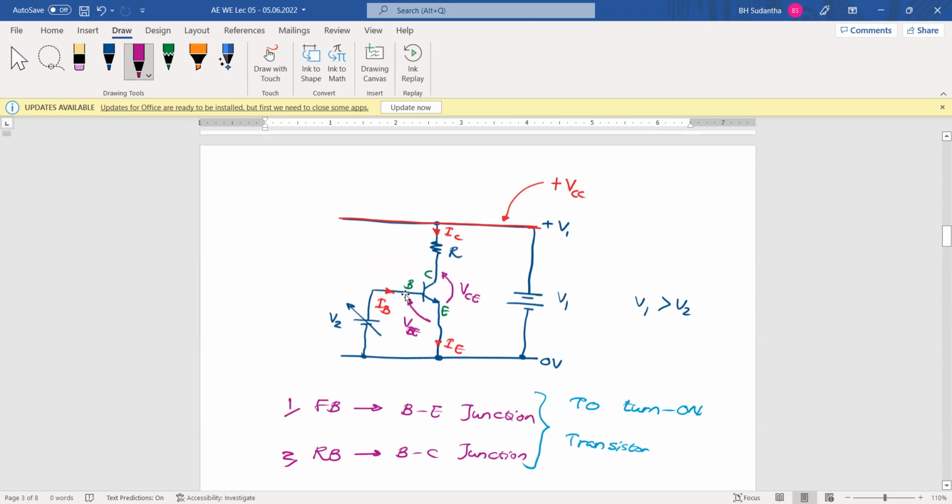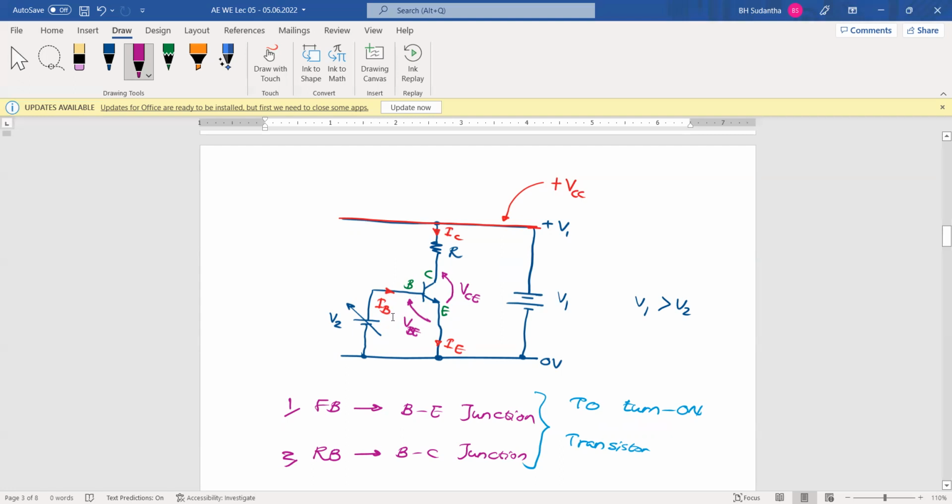Here I told you, when we forward bias this base emitter junction, then suddenly we can see this collector current is there, the current going through collector emitter. When we forward bias this diode, because of that, forward current will be there in this base emitter junction. That current is the IB current, the base current.